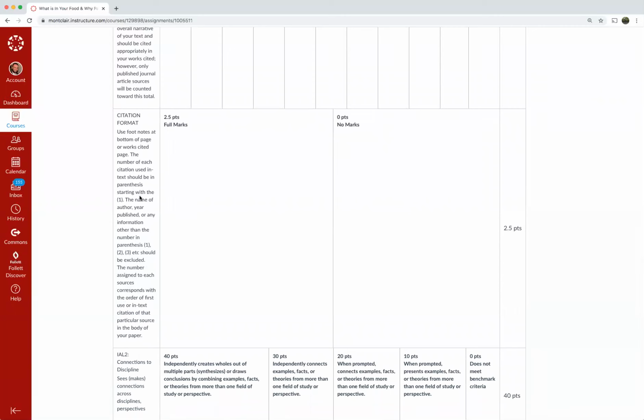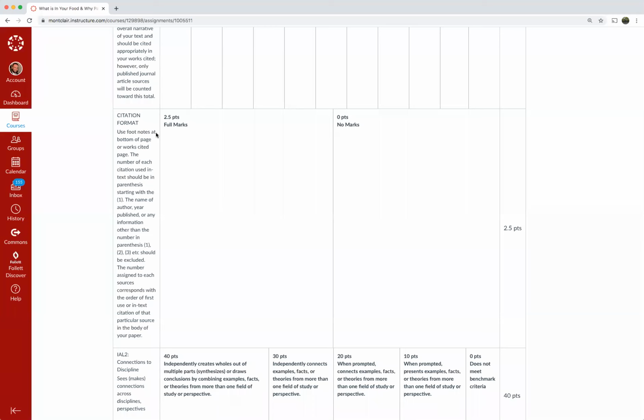Which brings us to the next section, the citation format, which is worth 2.5 points. Use footnotes at the bottom of the page or a works cited page. The number of each citation used in text should be in parentheses, starting with number 1. The name, author, year published, or any information other than the number in parentheses, 1, 2, 3, etc., should be excluded.